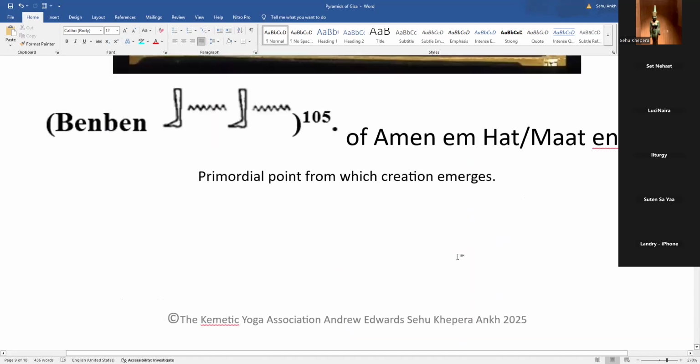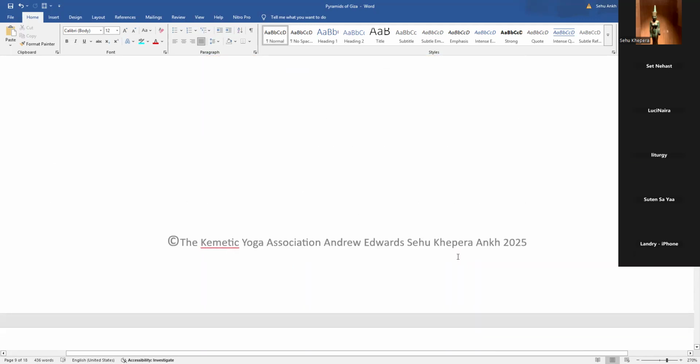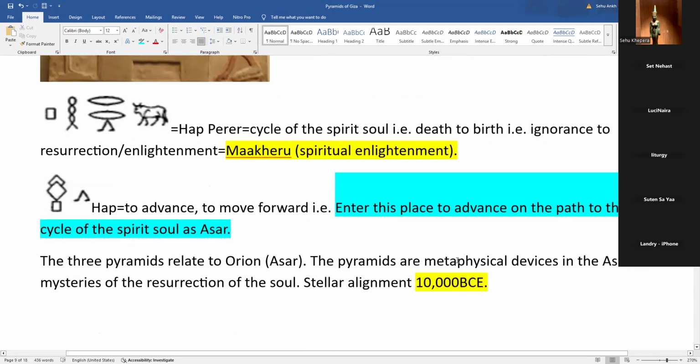Recall that Haperer, the cycle of the spirit soul. So within you, there is spirit soul. And all your troubles and trials and tribulations in life have occurred due to the perceived separation of spirit soul from its essential nature.